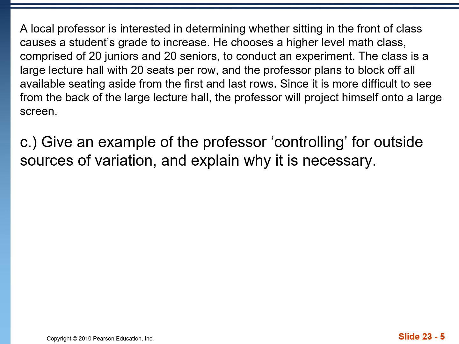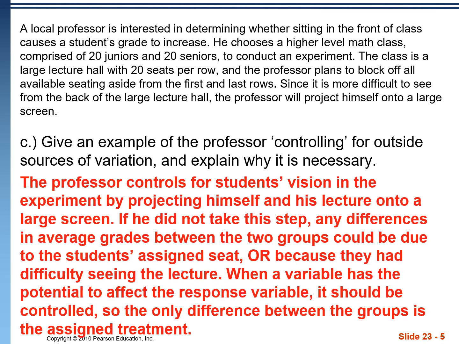Next up, give an example of the professor controlling for outside sources of variation and explain why it's necessary. Now, when we run this experiment, our ultimate goal is to see, does sitting in the front actually make a difference? Is it just the choice of seat that causes your grade to increase? Now, if it's more difficult to see in the back, it's really not the seat, it's the vision that's affecting your grade.